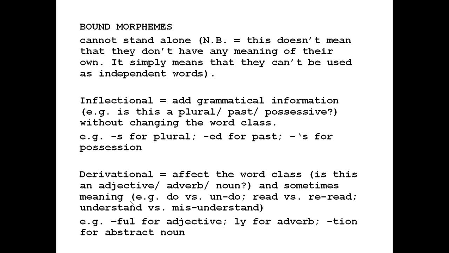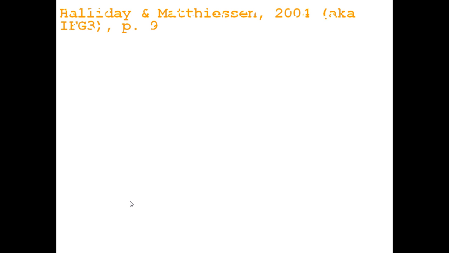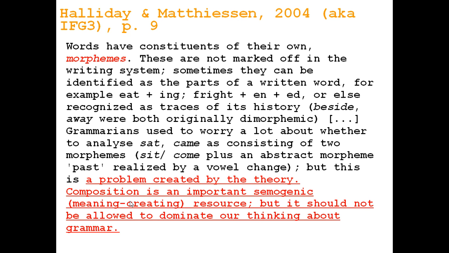Now, okay, but this brings us to a key question. If you take information, right, who tells you that the morpheme, the bound derivational morpheme, is ation rather than tion? Where do we draw the line between morphemes? And most importantly, is this so crucial to our understanding of the structure of words? Well, actually, Halliday and Matthiessen, the authors of the most recent version of Introduction to Functional Grammar, don't think this is the case.